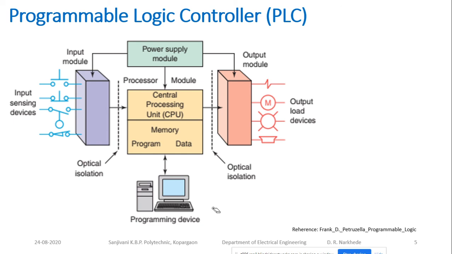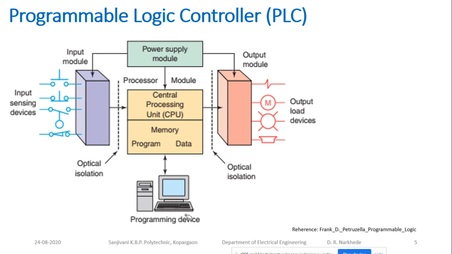Now, what does a PLC look like? This is the basic block diagram of the PLC. Any PLC in the world is basically divided into five blocks. The first is the input module, the second is the output module, the third is called the processor module, the fourth is called the power supply module, and the last, which is not a part of the PLC, is the programming device.